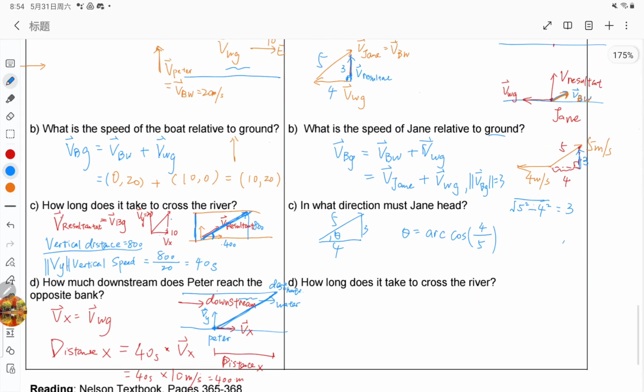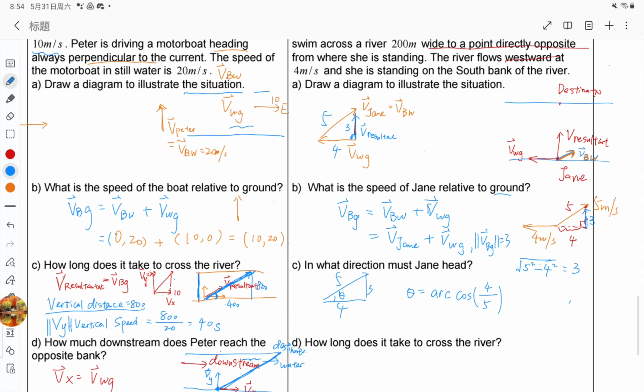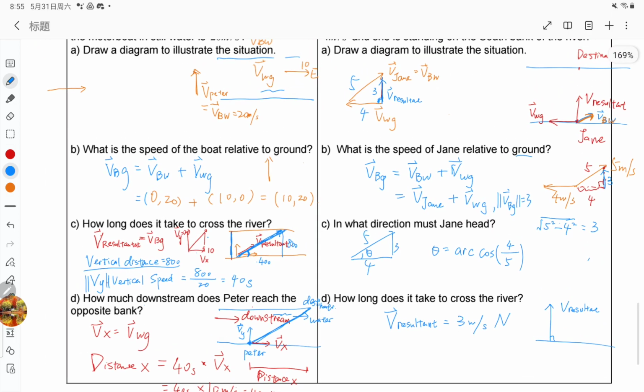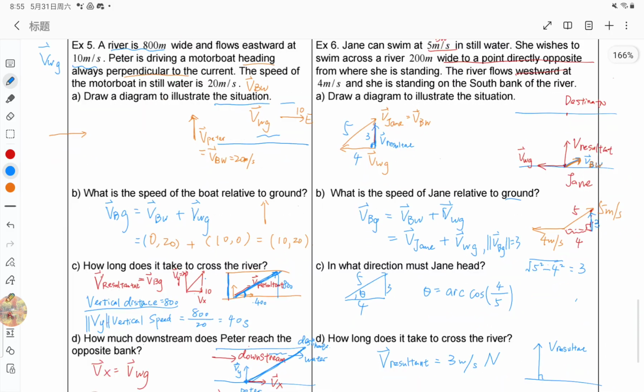How long does it take to cross the river because of V resultant? So V resultant is 3 meters per second north, right? So this is our V resultant, and V resultant is vertical to the bank, going across the river of 200 meters.